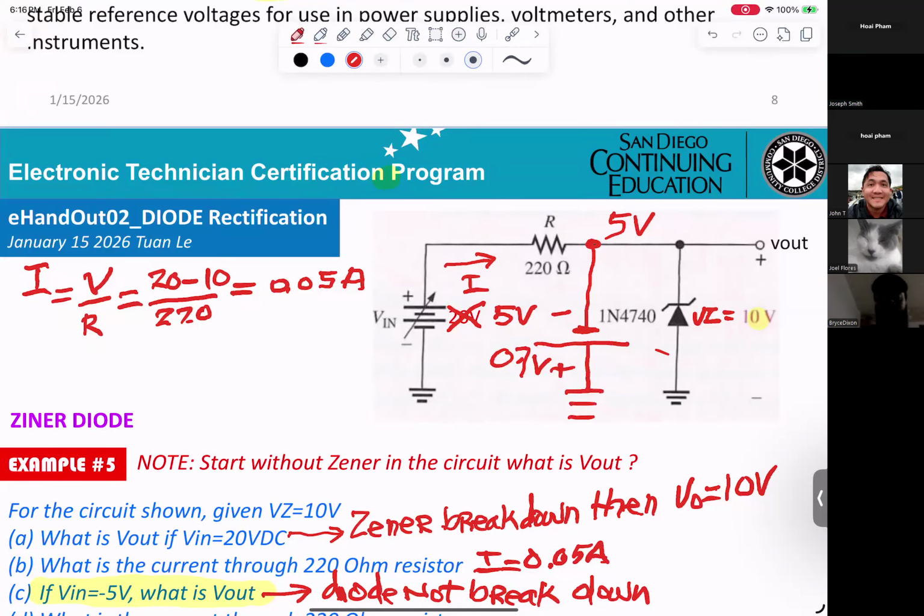Oh, you mean they asking for V out. Yeah, but you're talking about like reverse bias or something? Are you asking about the bias?